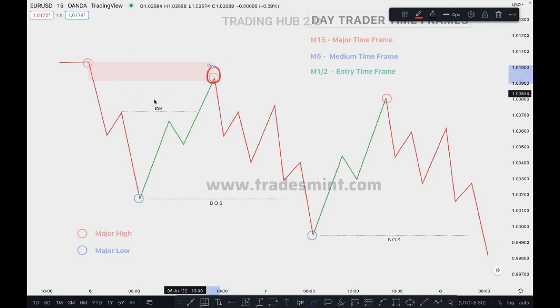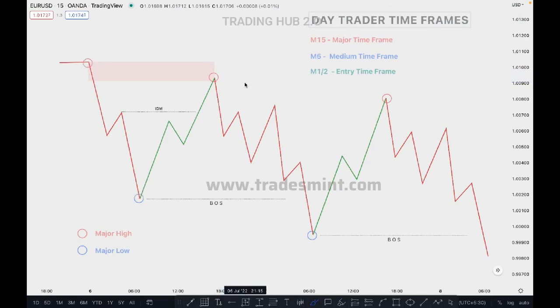This one is our M15 major high or low. The market breaks the structure, takes out this inducement and taps the supply zone. Then you have to follow the entry time frame, which is applicable here. Correct. So this is our first scenario when we can apply entry type 1.